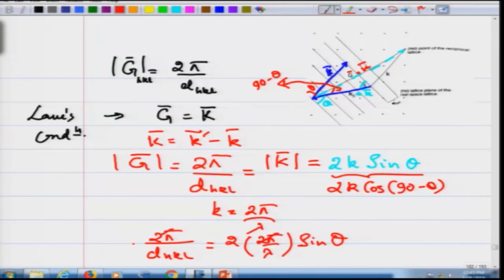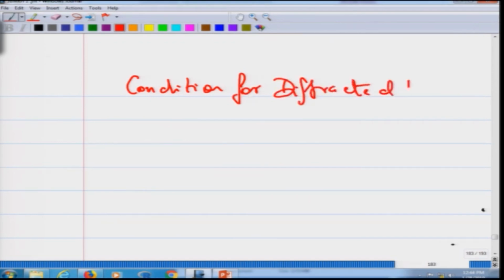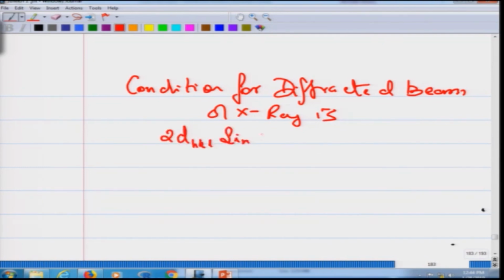So, you can show therefore that the condition for diffracted beams of X-ray is that 2 d_hkl sin theta is equal to lambda.